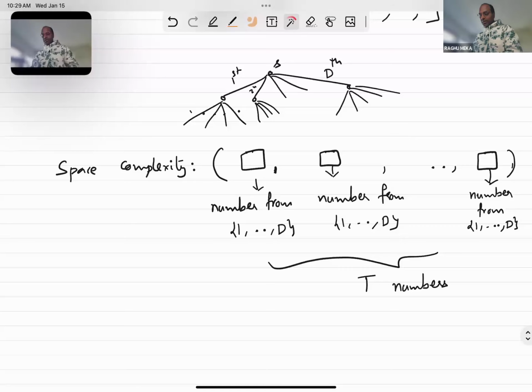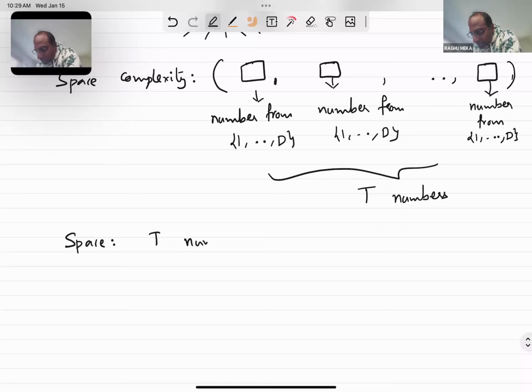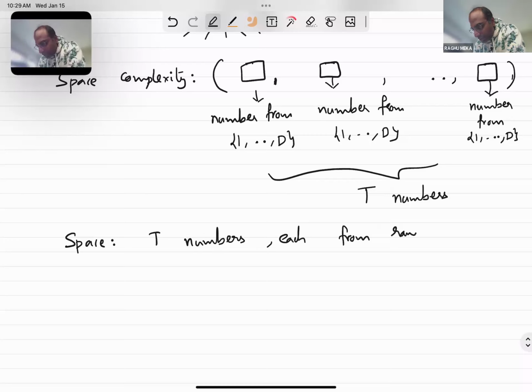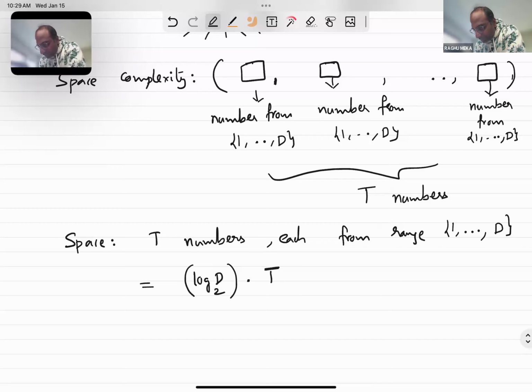Okay. All right. So in terms of space complexity, what do we need to store? We need to store this entire sequence. So we need to store t numbers, each from range 1 all the way up to d. Okay, so this is log d base 2 times t.